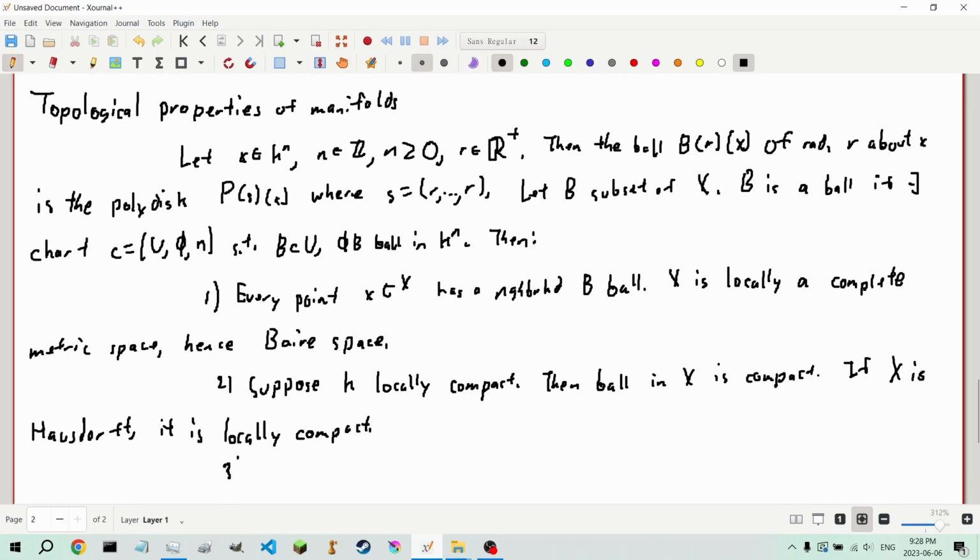Third, suppose that X is regular and K an ultrametric.